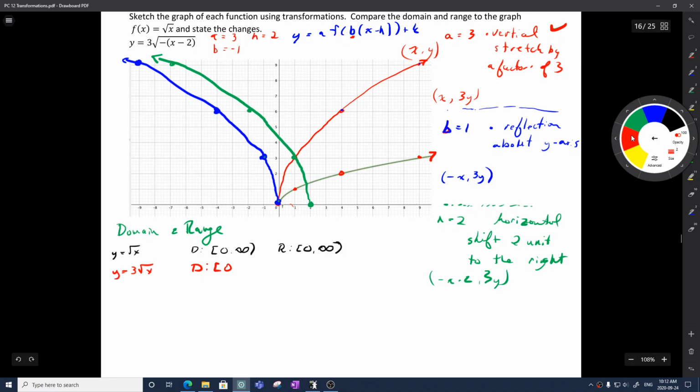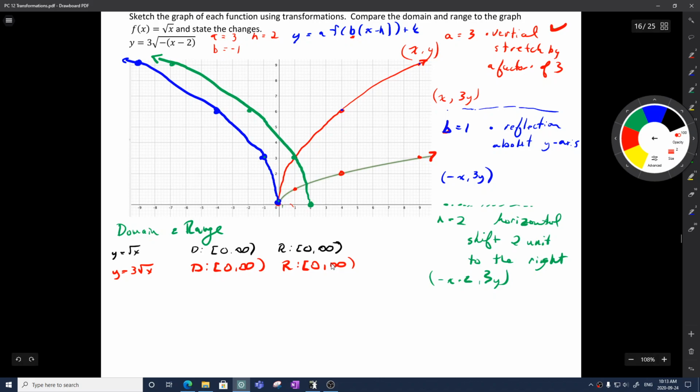We did nothing to them, so the domain stays the same. What did we do to the range? Well, we multiply all the y values by 3. So my range stayed the same as well. 0 times 3 is 0. Infinity times 3 is still a whole lot of infinity.